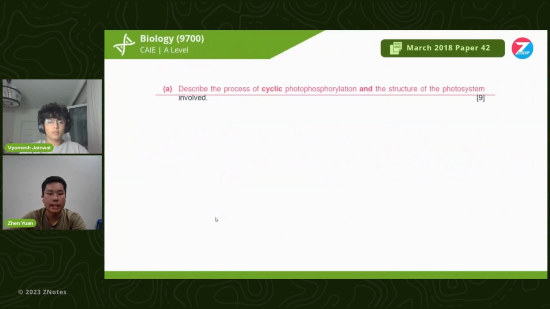So here's a question. Describe the process of cyclic photophosphorylation and the structure of photosystem involved. It's a 9-marker. It's a very long question, but you don't really see 9-marker questions now in A2 biology with the new syllabus, because they have cut it out from your past papers.